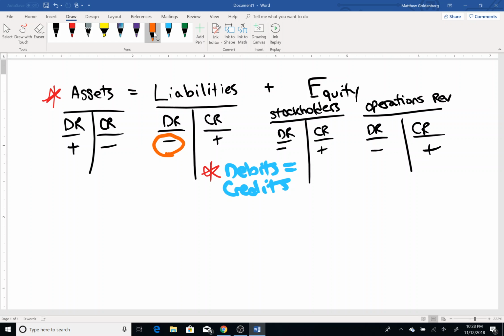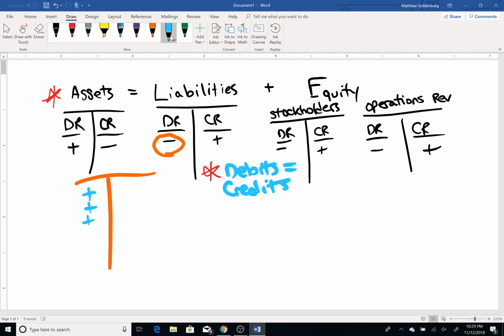Because if you were to put assets, liabilities, and equity into one chart, let's say assets were represented in blue, and pluses are debits, minus are credits. So assets are blue, pluses are debits, minus are credits. Let's say you had a certain number of assets.